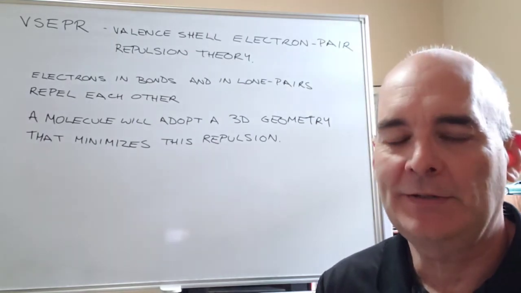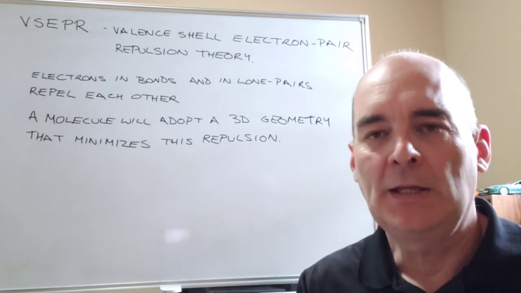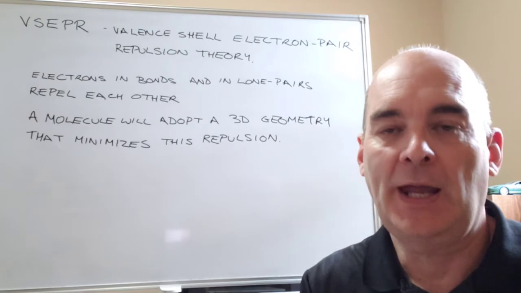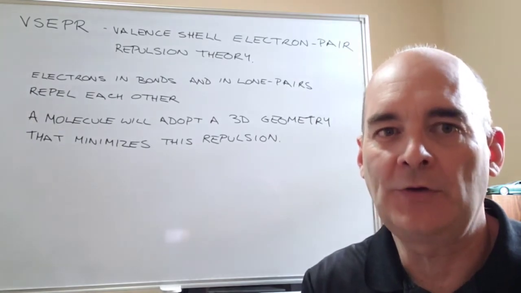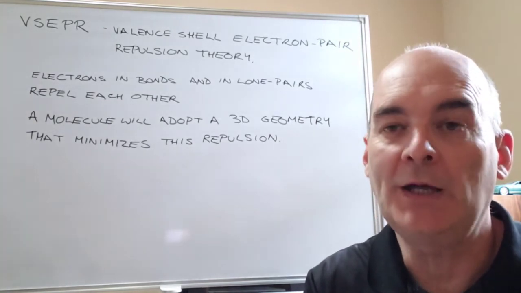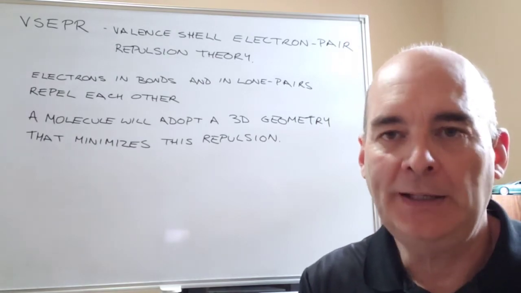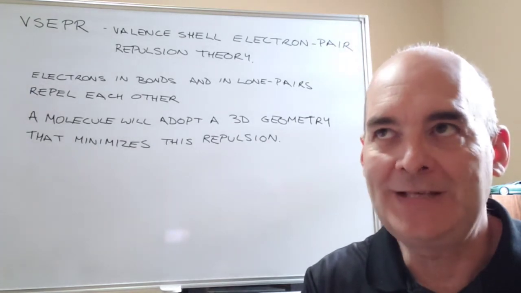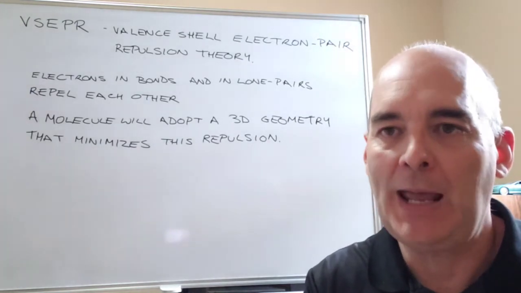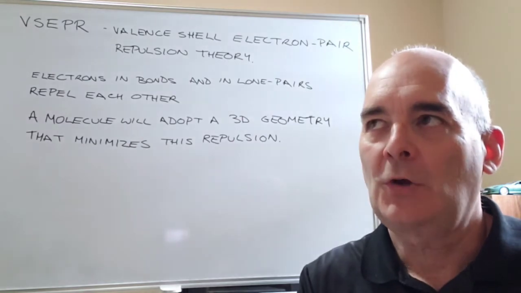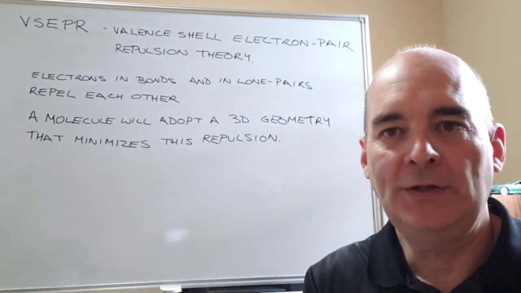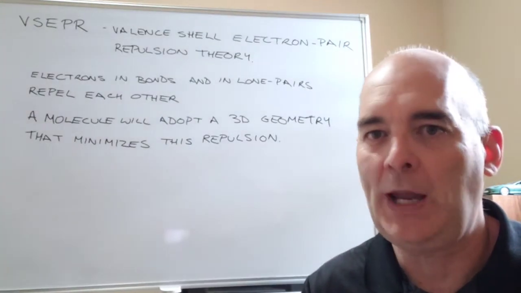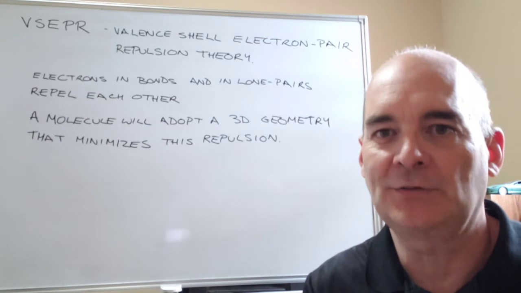And what VSEPR tells us is that the electrons within a chemical bond and the electrons that are in non-bonding pairs of electrons, the lone pairs of electrons, they repel each other. Electrons have a negative charge, and 2 negative charges are going to repel each other. So our molecules are going to orient themselves in 3 dimensions in such a way that they minimize these repulsions.